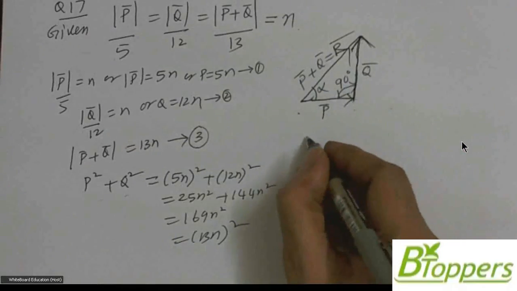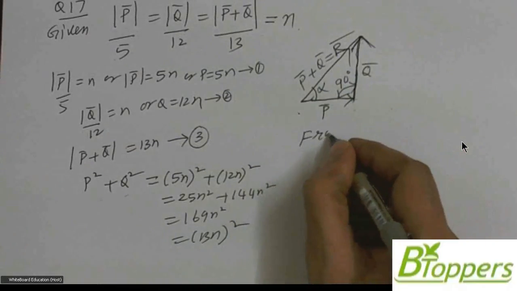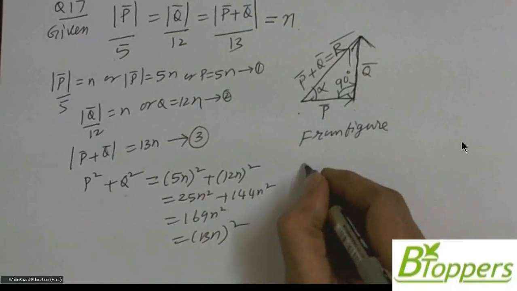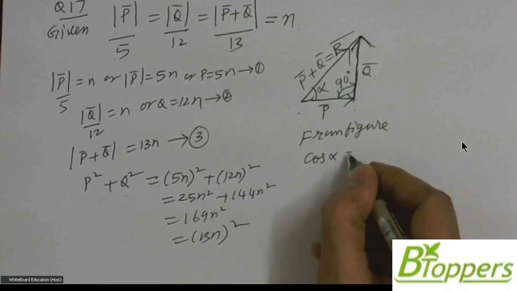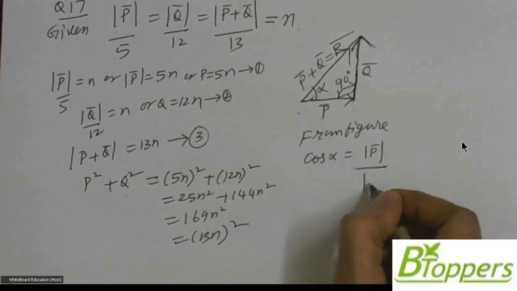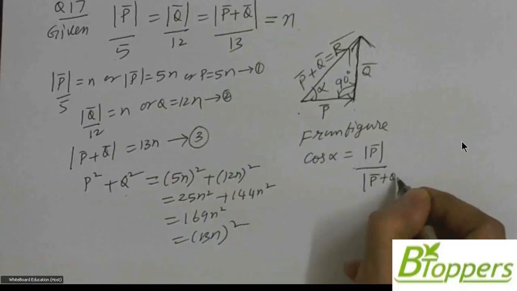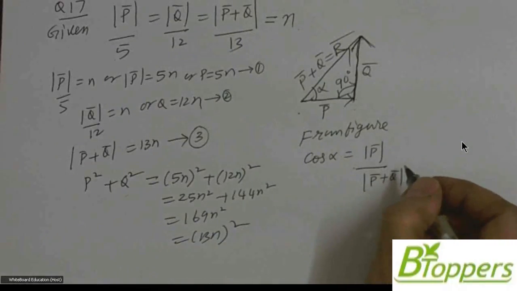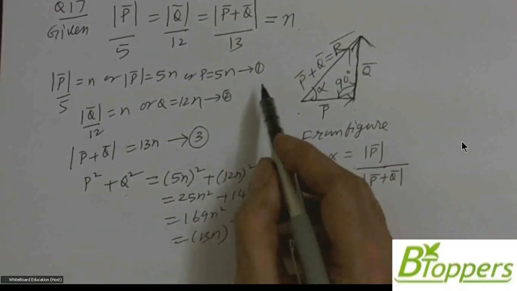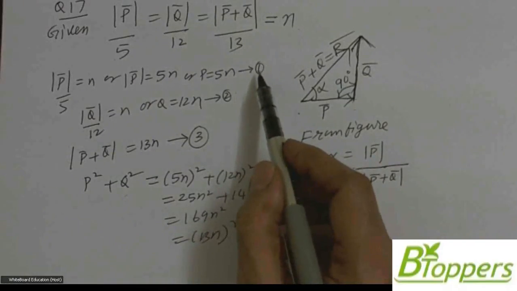So from the figure, you can observe cos alpha equal to magnitude of p bar by magnitude of the resultant of p bar and q bar. So from first equation, magnitude of p bar is 5n.